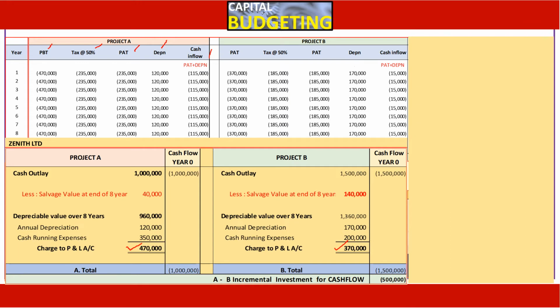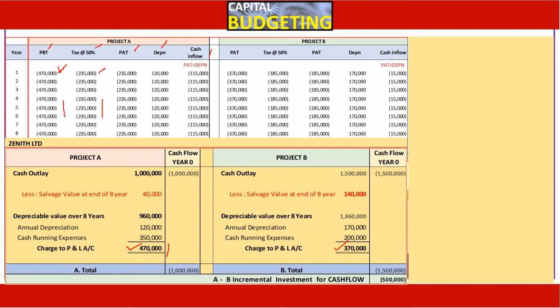We are charging to profit and loss account 4,70,000. Without taking any other transactions, our profit before tax will be the sum of expenses, 4,70,000. Therefore, it is negative 4,70,000. What is the tax? Tax is 50% of it. 50% is 2,35,000 for all the 8 years uniformly.